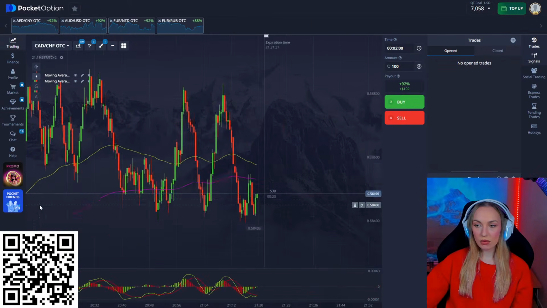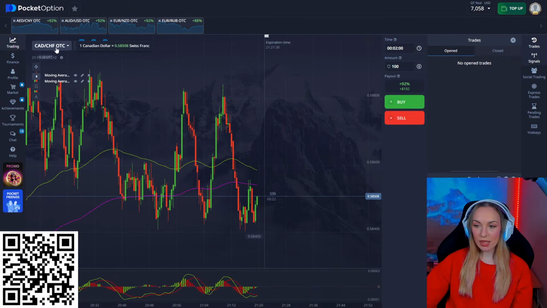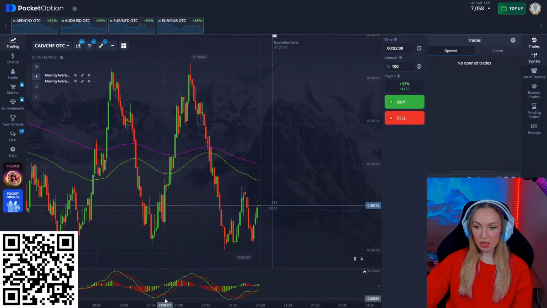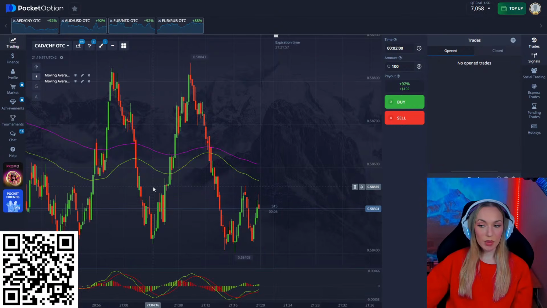This one looks like there is too much volatility on CAD CHF, and the price is moving super fast. But maybe we can open it on a small time frame. Well, actually maybe it's not moving that fast as I think. Maybe I can open here the trade for 3 minutes.